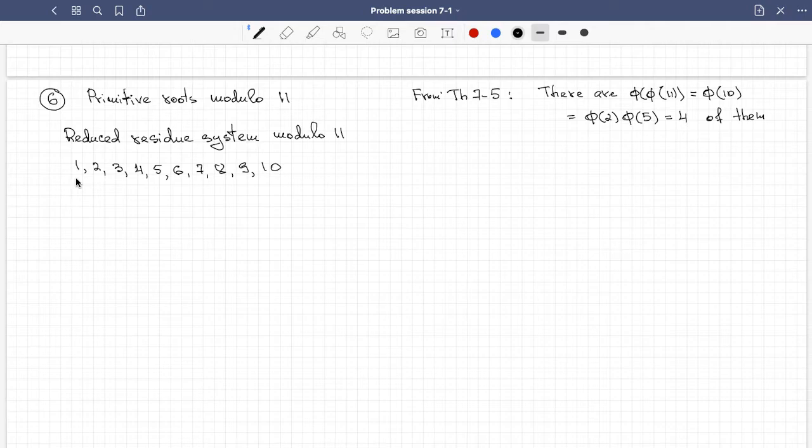What is a primitive root? Let me record what we are searching for.